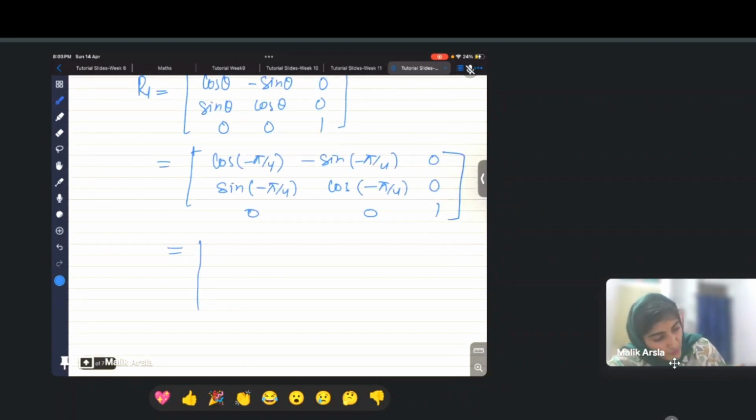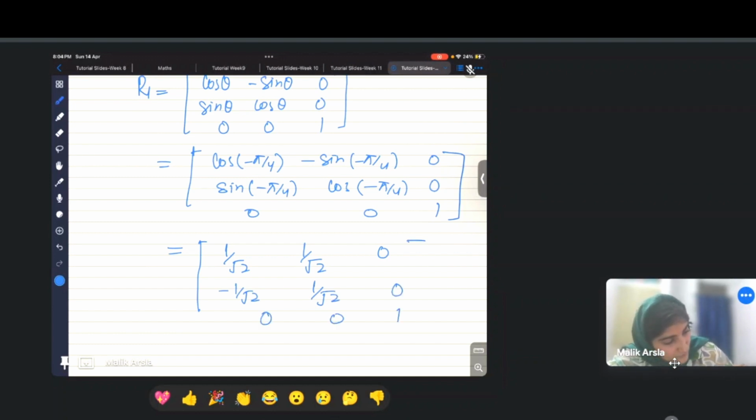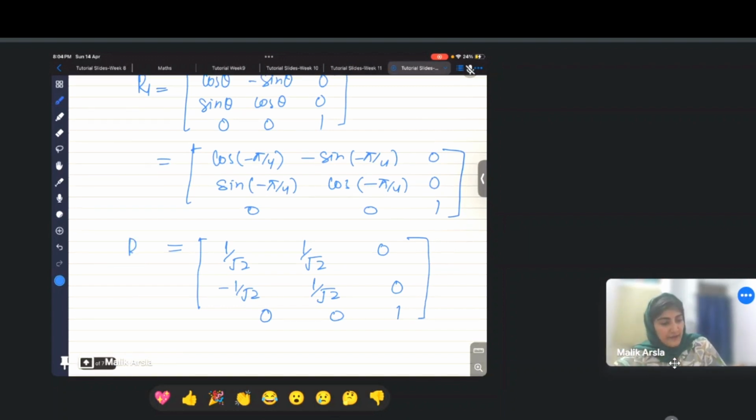It is coming out to be 1 by root 2, 1 by root 2, 0; minus 1 by root 2, 1 by root 2, 0; 0, 0, 1. So this is your R1 matrix.